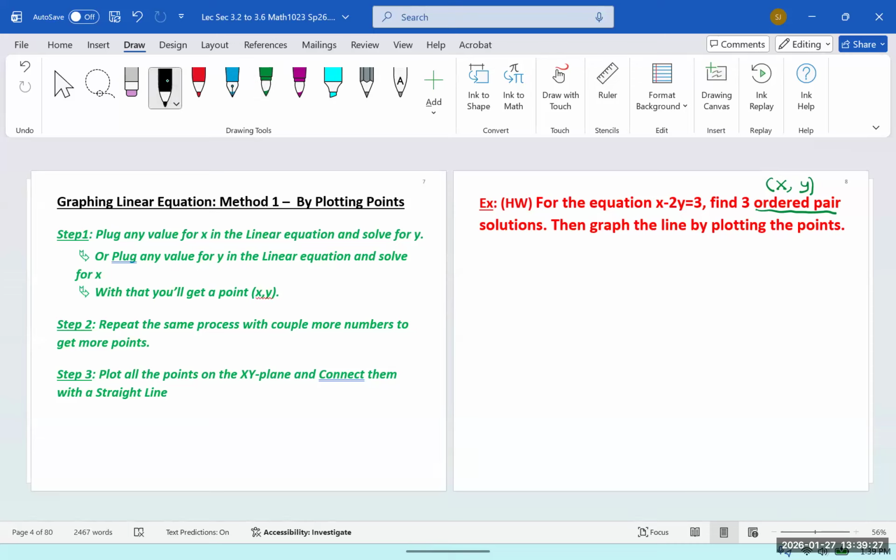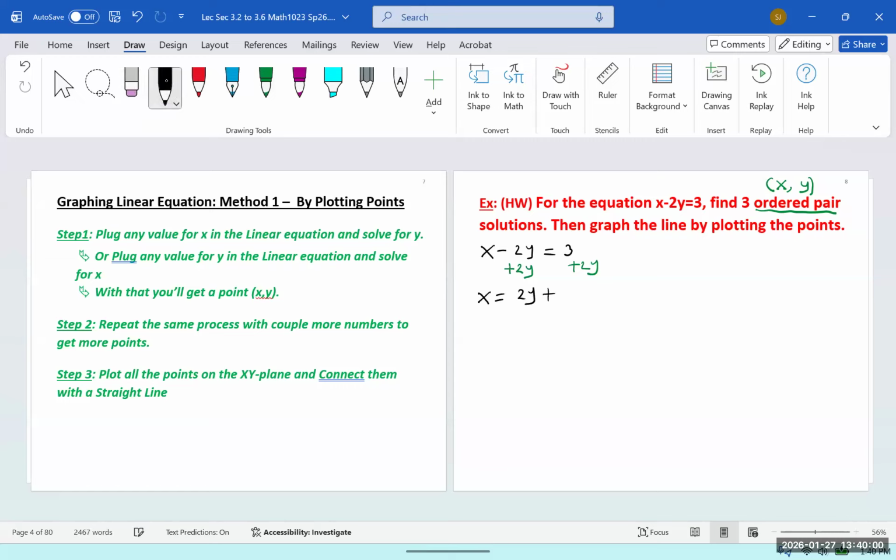In order to plot points, you need to know your x and y. So either you pick an x and then solve for y, or you pick a y and solve for x. Since our x doesn't have any coefficient, I'm going to solve for x. To solve for x, we need to get rid of the y's. So we add 2y to both sides, and we get x equals 2y plus 3.